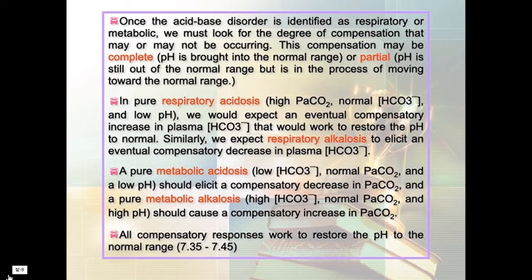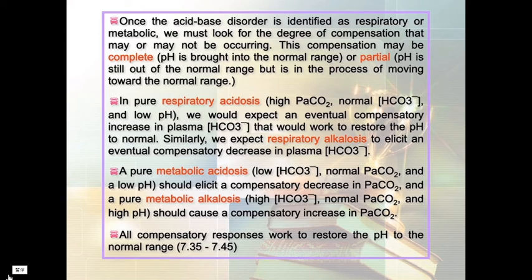Once the acid-base disorder is identified as respiratory or metabolic, we must look for the degree of compensation that may or may not be occurring. This compensation may be complete, where pH is brought into the normal range, or partial, where pH is still out of the normal range, but is in the process of moving towards the normal range.